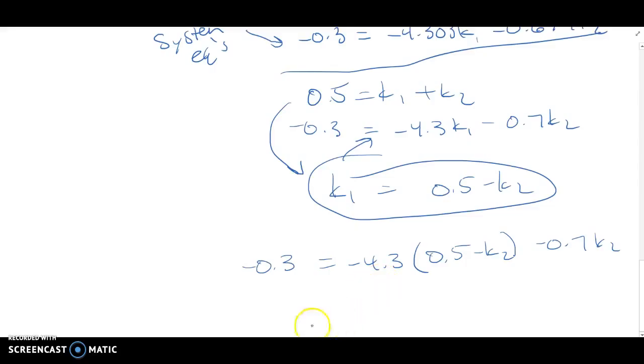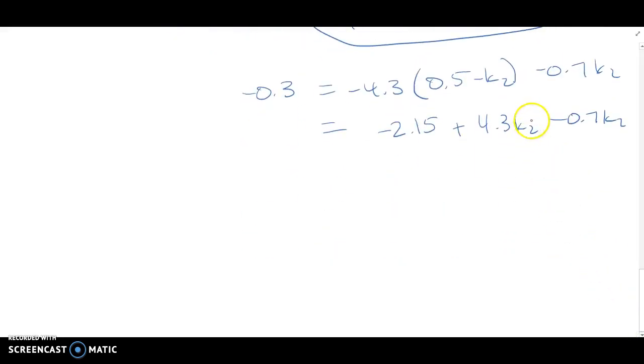And negative 4.3 times 0.5 is half of negative 4.3, which is negative 2.15, plus 4.3 k2 minus 0.7 k2. Now I'll combine my like terms, and I've got the equation in terms of just k2.